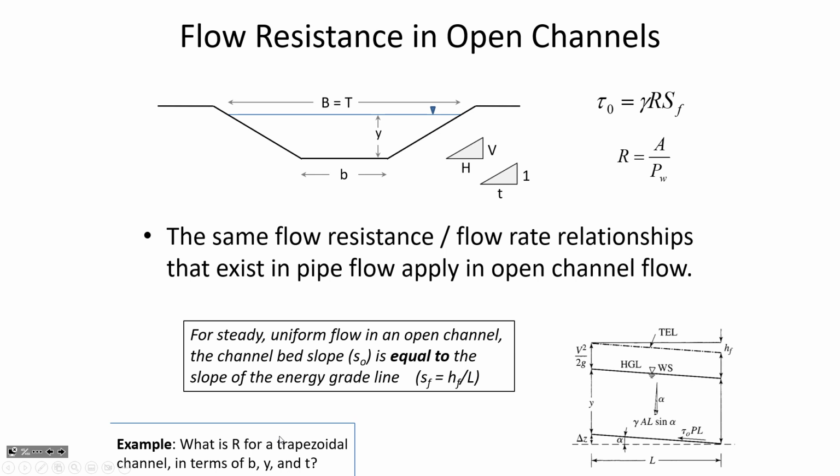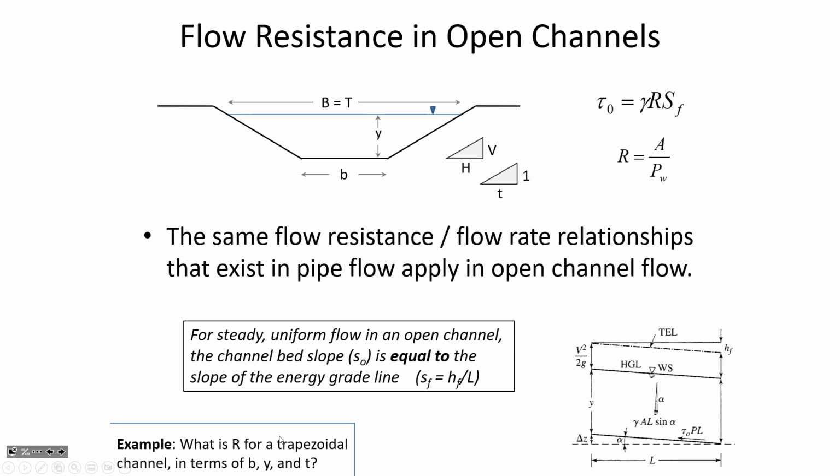Okay, so for the area, you can see that there's one rectangle, which is the main body of the channel, and then there's a pair of side triangles, which if we put these two triangles together, make another rectangle.